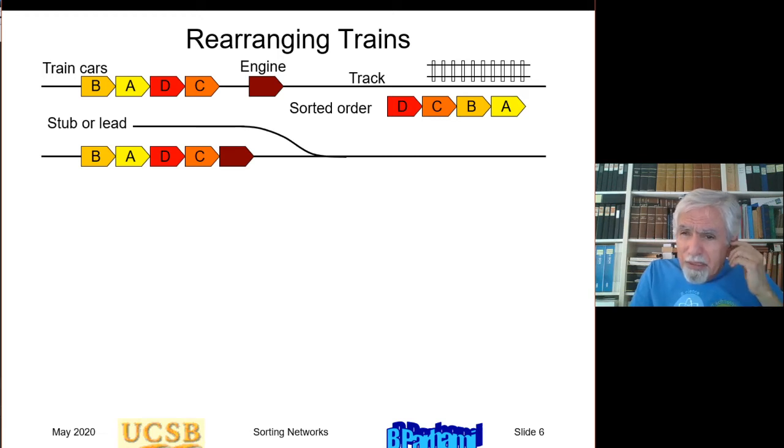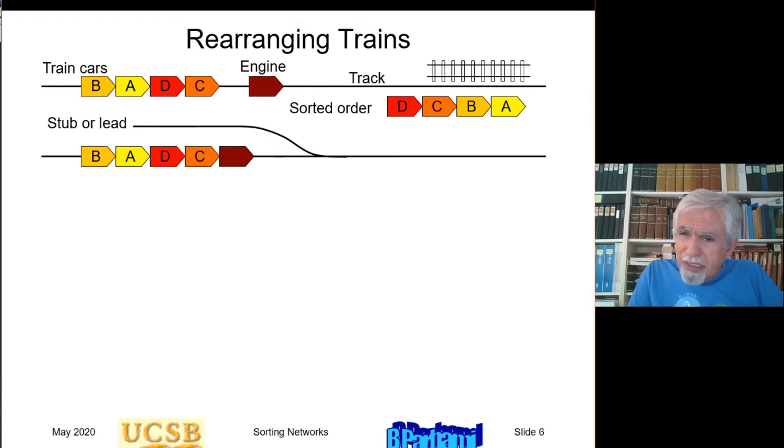Okay, think about it. Remember that the engine can pull the cars. It can pull a subset of the cars. For example, the train operator can decide for the engine to pull just C and D, but not A and B. So we disconnect the train at this point, and the engine can then pull C and D. So how can I sort this particular train?